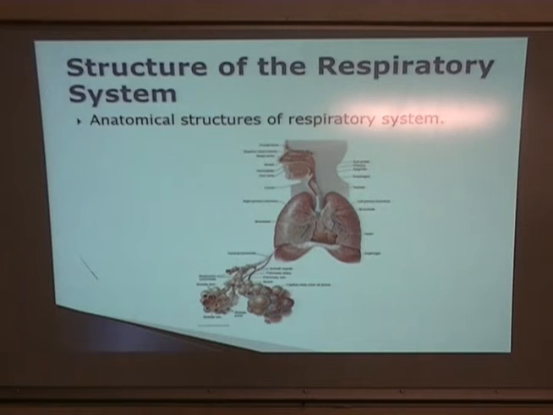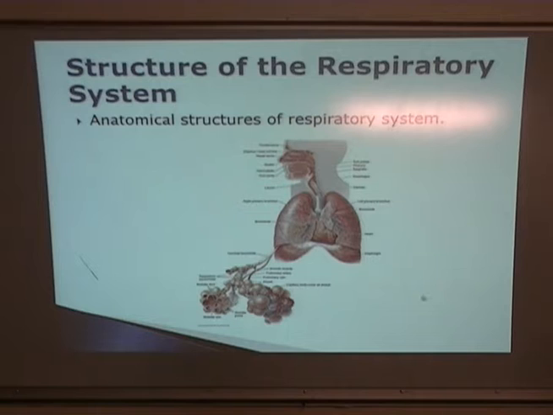So as always, I'm not going to cover very much of the anatomy of the respiratory system. That should have been covered in A&P. This ought to be looking somewhat familiar to you. And if you're a bit rusty on your anatomy of the lungs, please go and do a little bit of review.